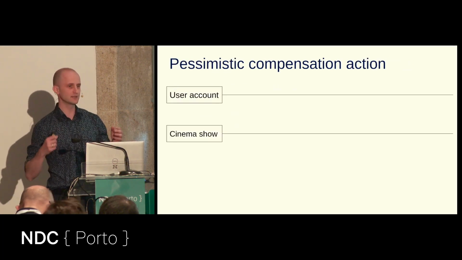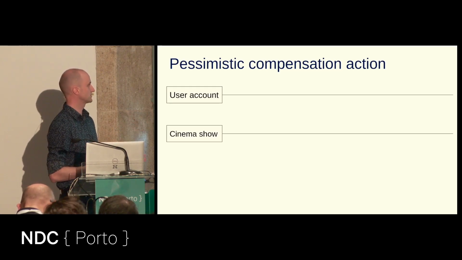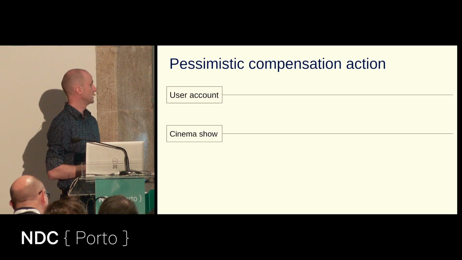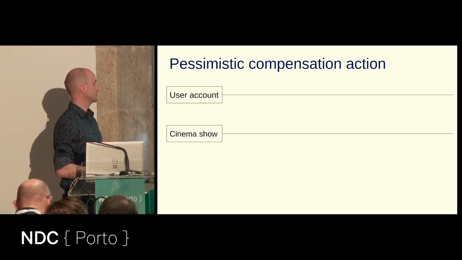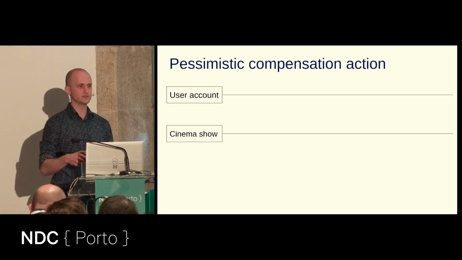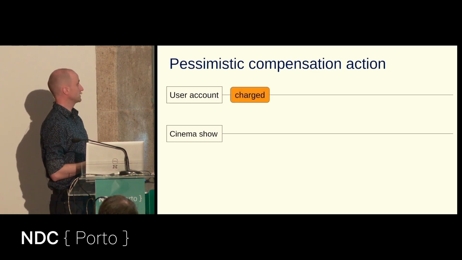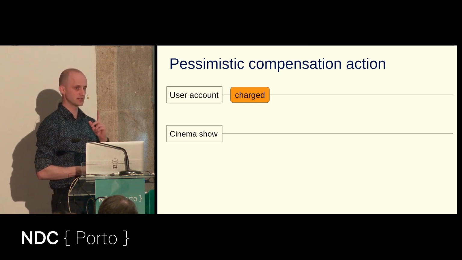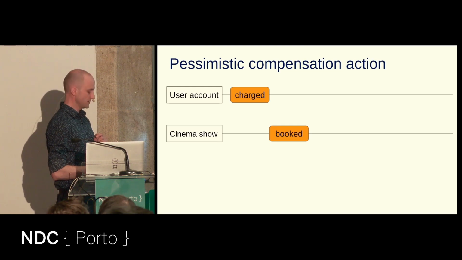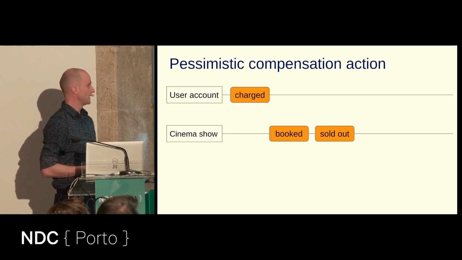So let's say that we are building a very simple application for selling tickets to some cinema shows, and we have two aggregates. A user account, which represents a user with some funds that we can charge, and a cinema show where we need to select a seat, and we cannot sell more seats than available. So in case of pessimistic compensating action, from the user perspective, first we will charge the user, then we will book the seat, and it was the last seat, so seats are sold out.